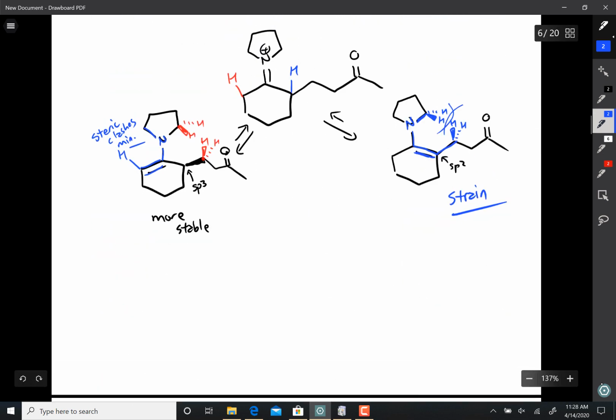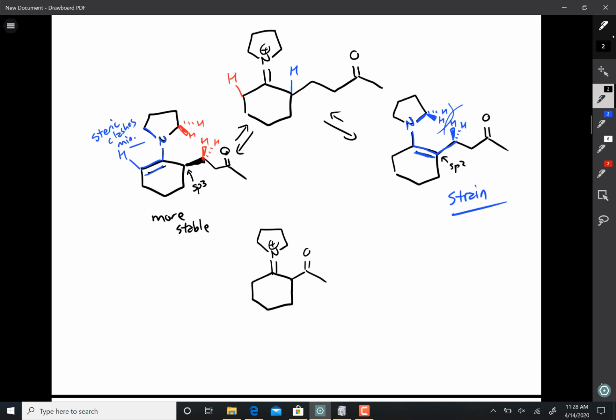In the example of the dicarbonyl, or I should say the carbonyl side, you have the steric clashes.